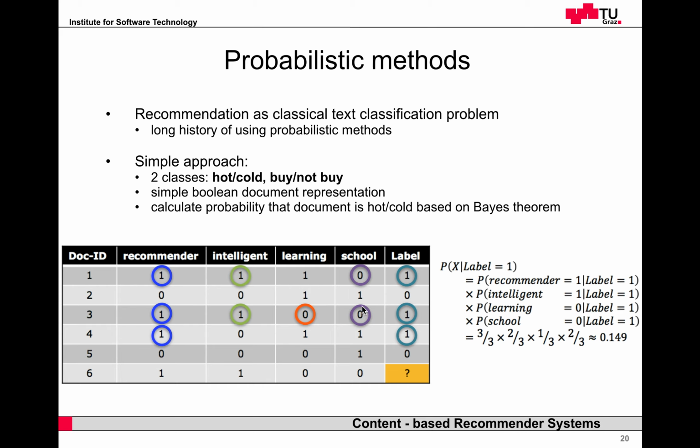For the final attribute, school, the probability when school equals 0 under the condition of the label equal to 1 is 2 divided by 3. So by multiplying those values, we have the probability of document number 6 belonging to the hot class is 0.149.